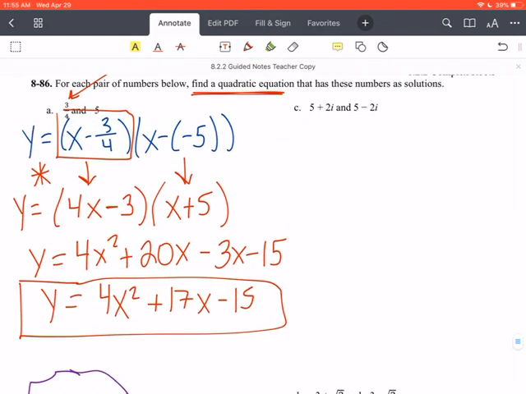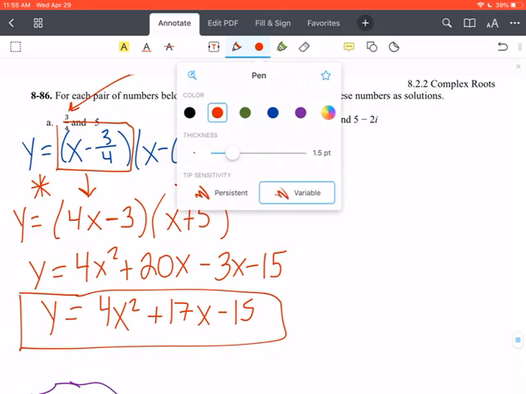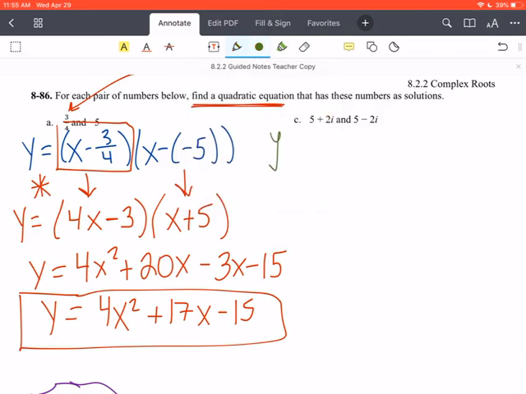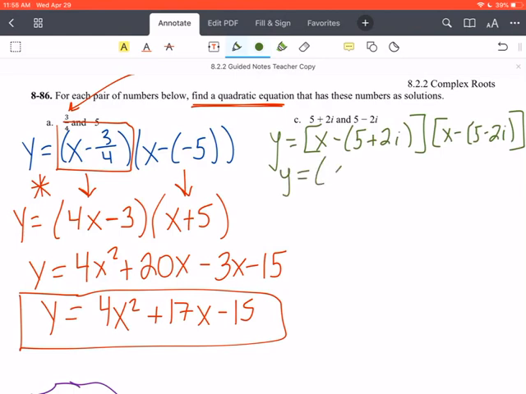Two more. Keep working hard. Now we are going to look at making a quadratic out of this complex number. So x minus 5 plus 2i, and then we have x minus 5 minus 2i. So y equals, clean things up with distributing. Now we're going to do lots of distributing starting with the x.